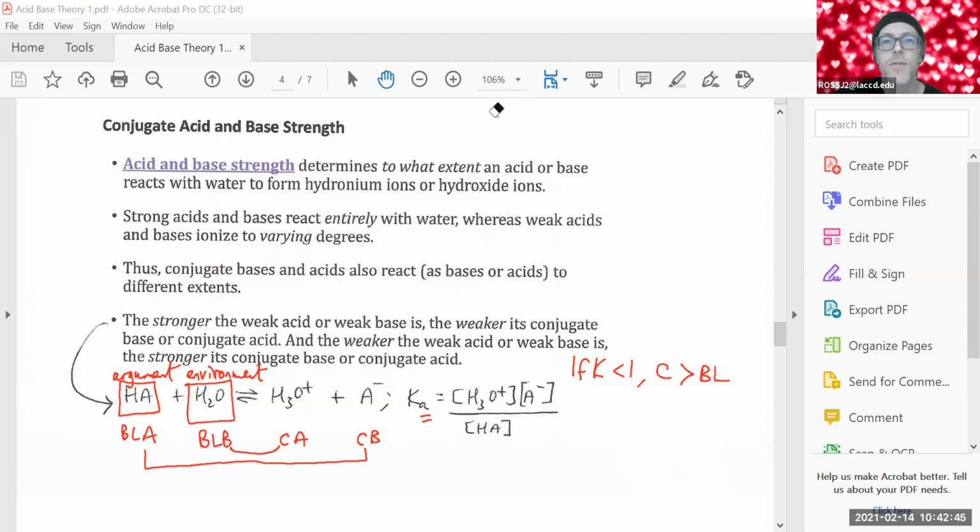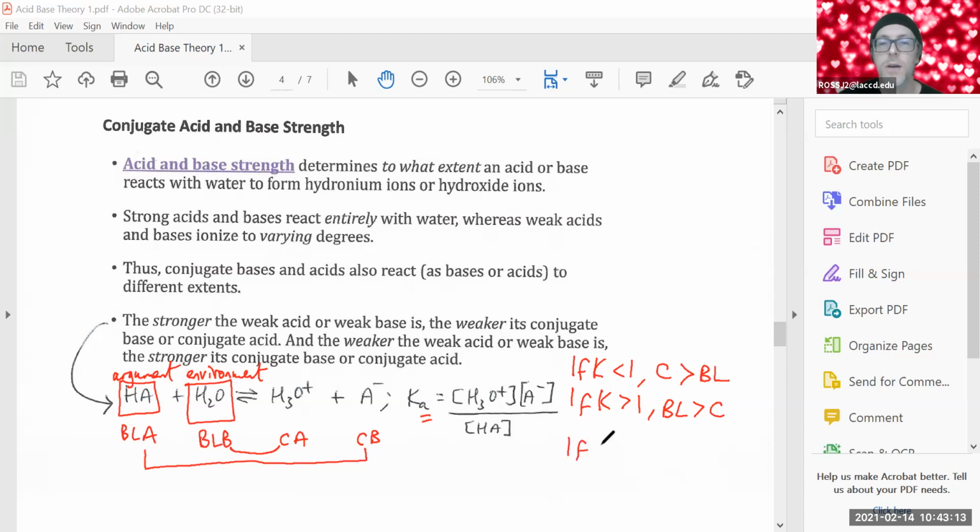In general, if the equilibrium dissociation constant is less than 1, equilibrium is shifted left. That means anything that's on the right side is shifting left, so therefore must be stronger. So if K is less than 1, the conjugates are stronger than the Bronsted-Lowrys. If K is greater than 1, the Bronsted-Lowrys are stronger than the conjugates.